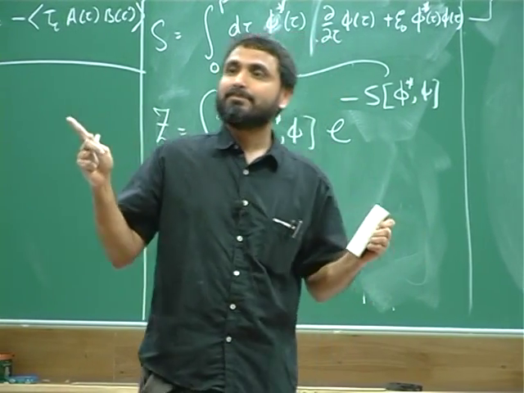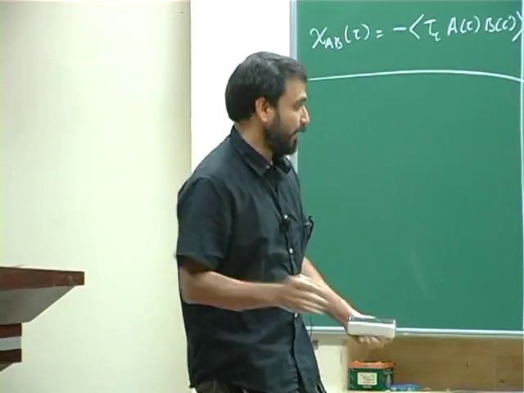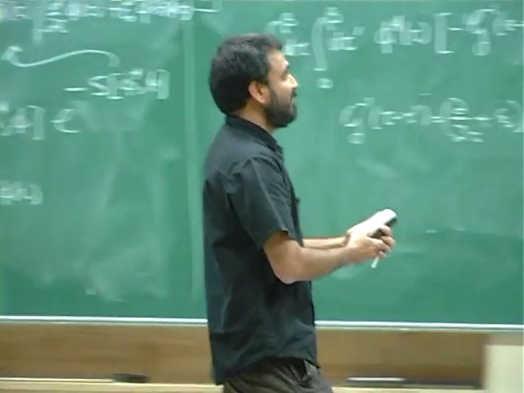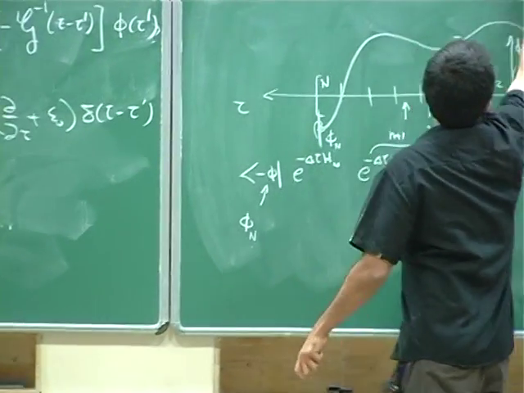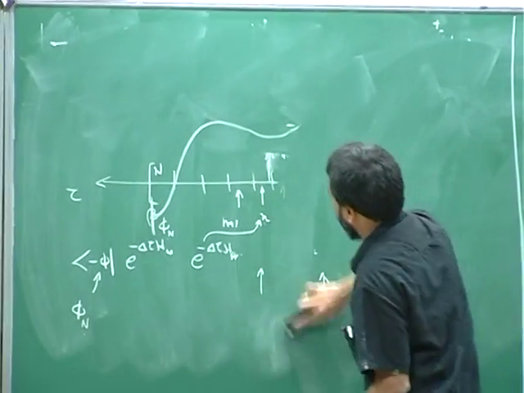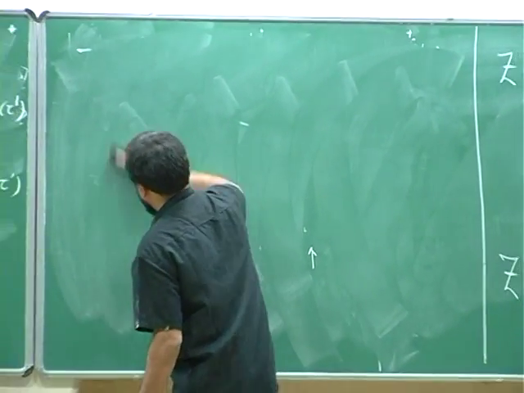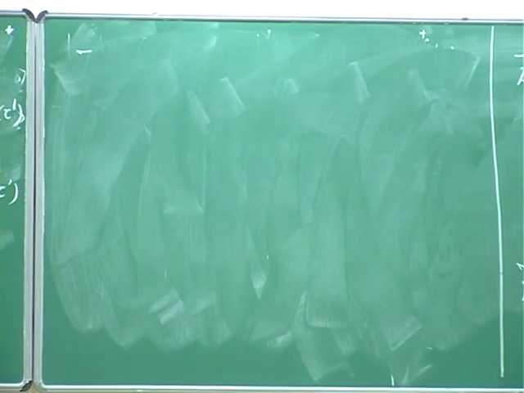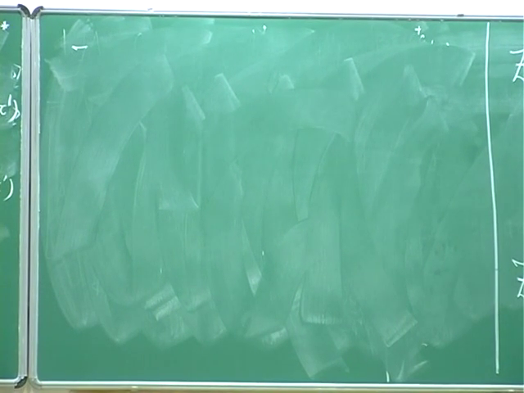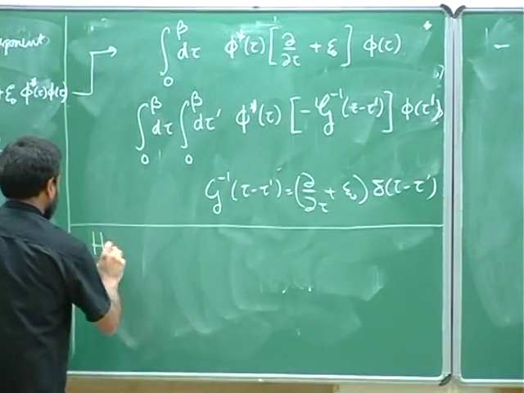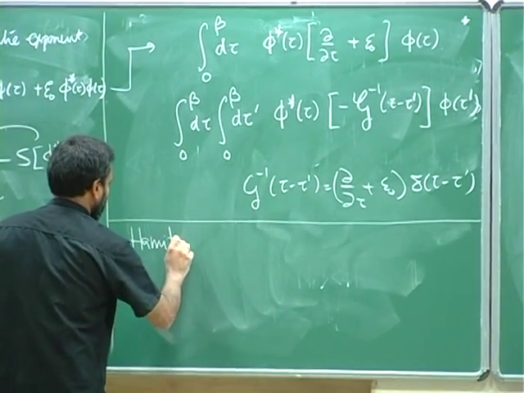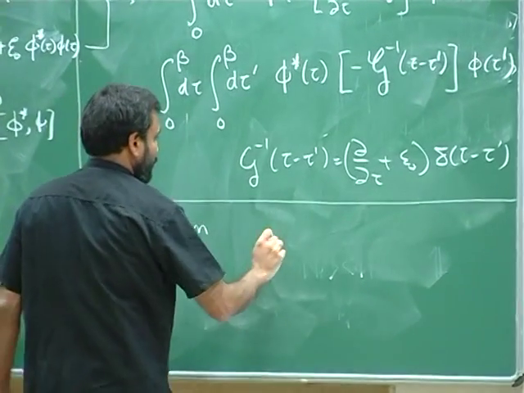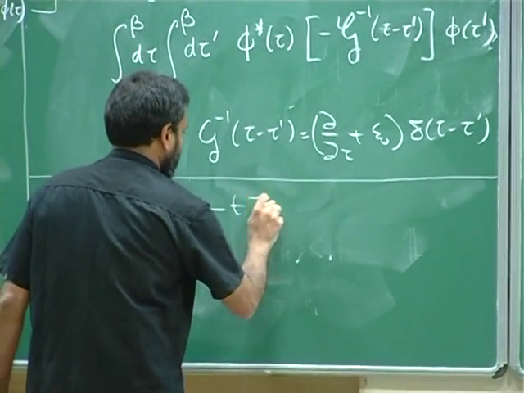Okay, other questions? If not, let's do the Hubbard model. So what is the Hubbard model? Let me just write the Hamiltonian here. The Hamiltonian is just the usual thing.